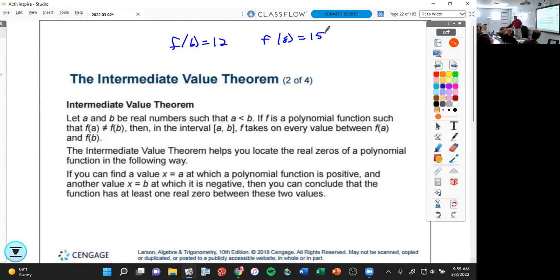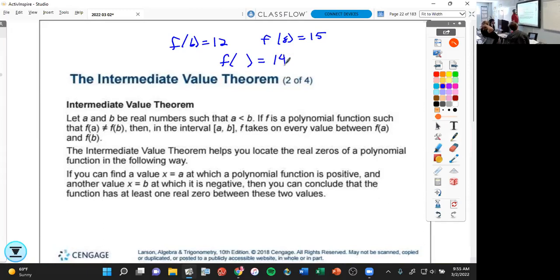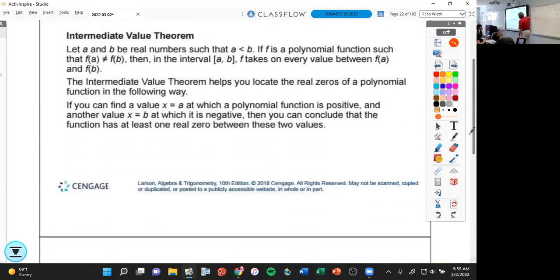Can I plug some number in here and get 14? It could have a decimal. It could be a nice number. But does this happen? Well, yes, because 14 is between 12 and 15. That's intermediate, right? Intermediate means between. That's what's going on with the intermediate value theorem. Lots of wordy words there.